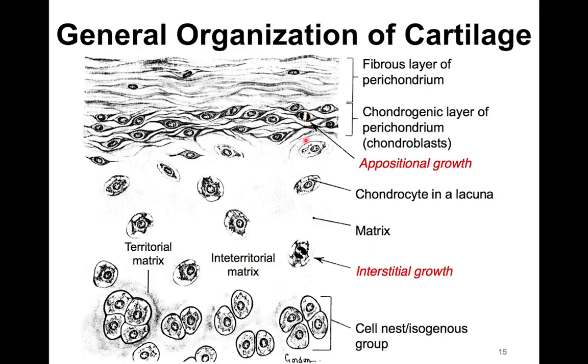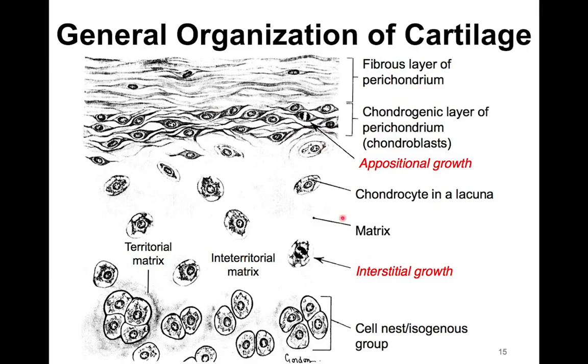And the growth that happens at the chondrogenic layer of perichondrium is appositional growth. So the cell division plus the production of new matrix, these two processes result in appositional growth, and appositional growth happens at the chondrogenic layer of perichondrium.